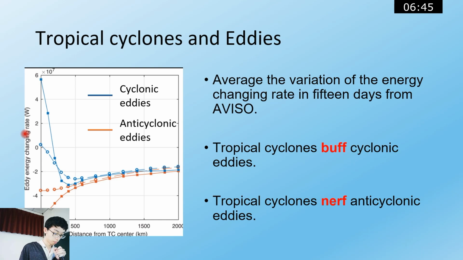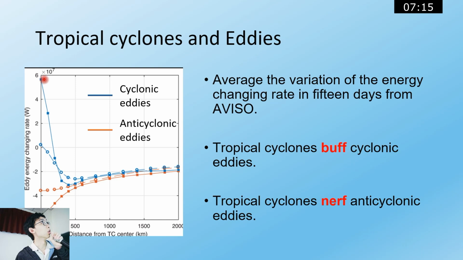Then we talk about the relation between tropical cyclones and the ADs. In this picture, we average the variation of the energy changing rate in the 15 days after a tropical cyclone forms. We can see in this picture, the blue line is for the cyclonic eddies, and the orange line is for the anticyclonic eddies.